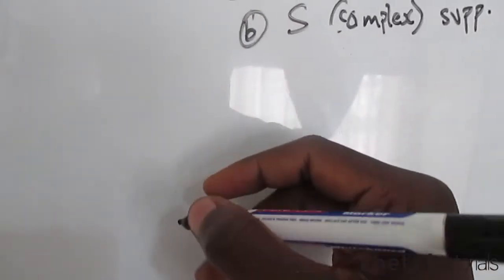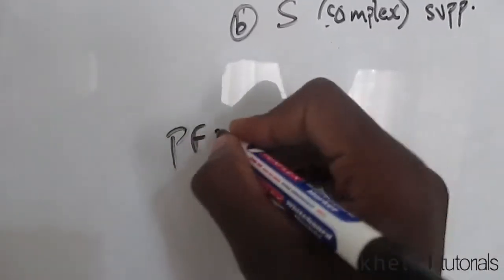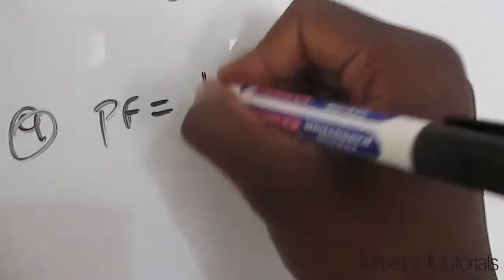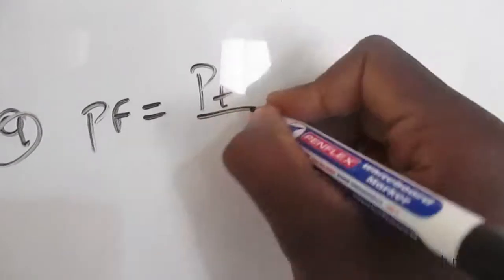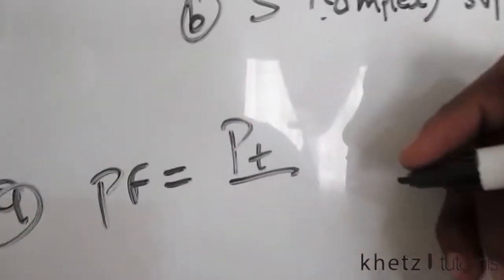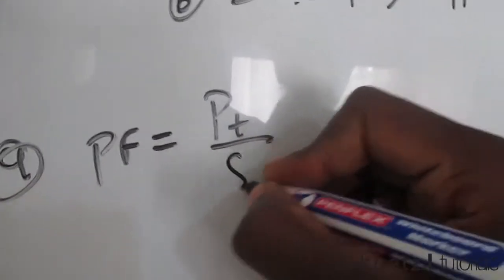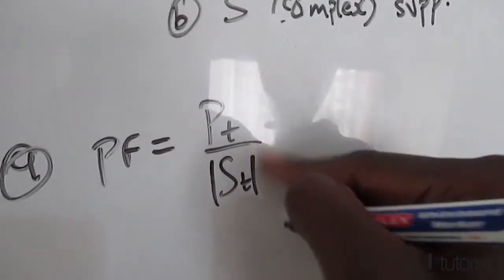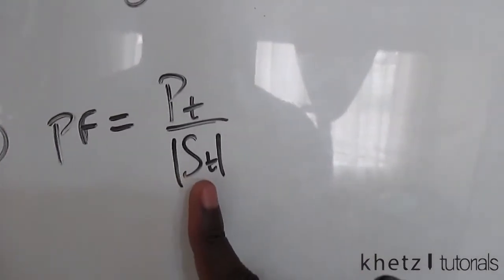To find the power factor of the two loads, here's another formula for the power factor. It is the ratio of the total real power, or average power, divided by the magnitude of our complex power, which is the apparent power.